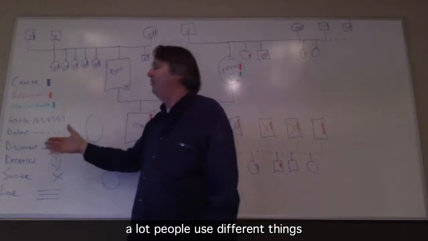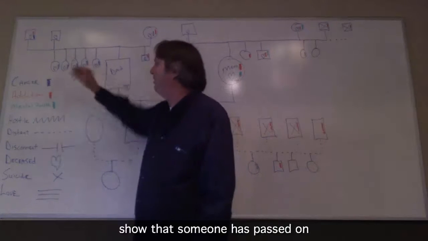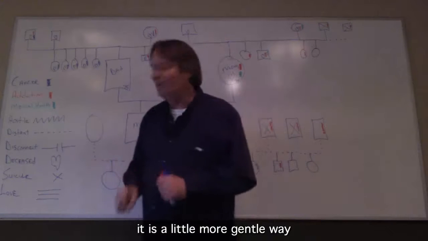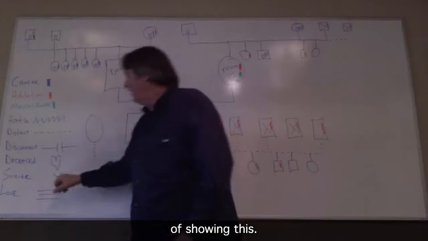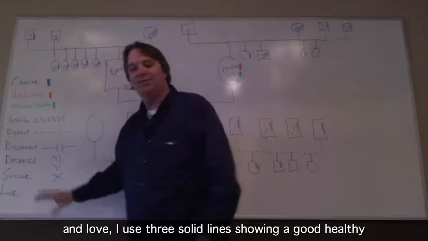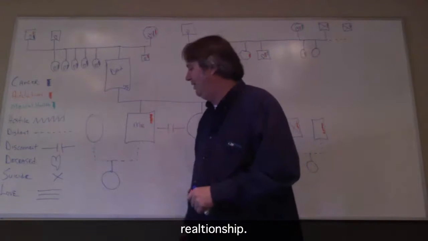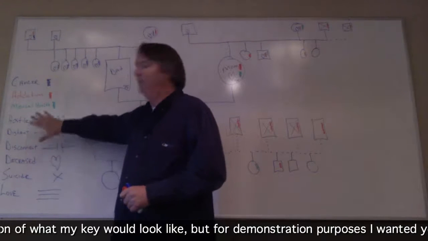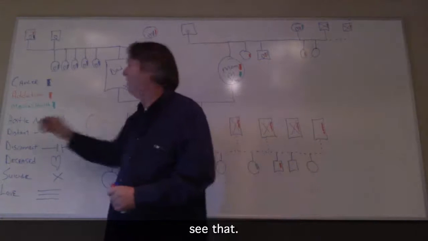A lot of people use different things, and I find that using a heart to show that they have passed on is a little bit more gentle way of showing that part of it. Suicides, I use an X, and love is three lines, which means it's a good, healthy relationship of love. This is just a small portion of what my key would look like, but for demonstration purposes, I just wanted you to see that.